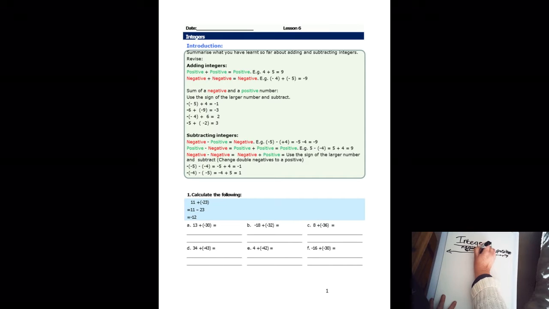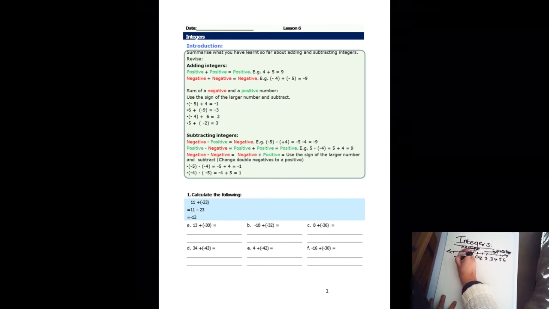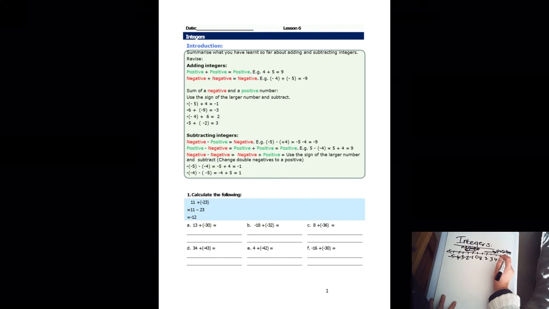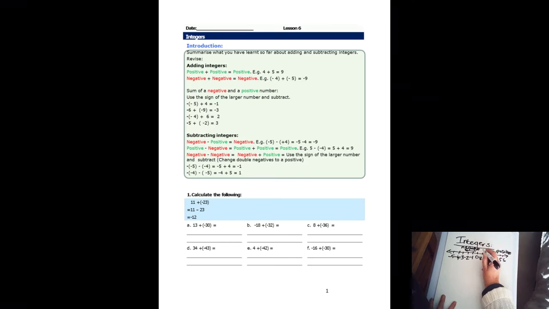The negative numbers are exactly the same, a mirror image. On the positive side, we've got 1, 2, 3, 4, 5, 6, and so on, and -1, -2, -3, -4, -5, and it can go on forever that way too. So it's a mirror image of each other.